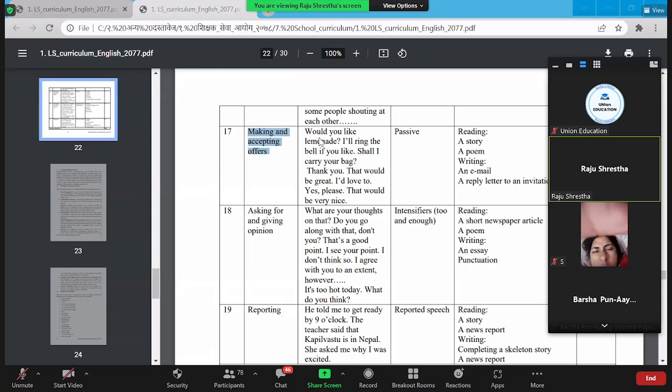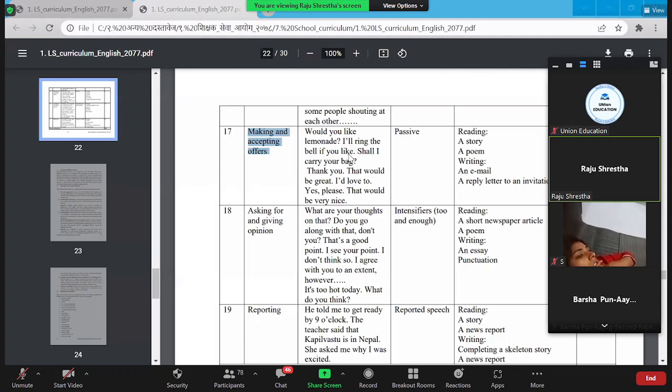So we have to first remember these structures. You need to understand: Would you like plus the object which we want to offer? Would you like the offer? What do you want to offer? This is one pattern. I will plus verb: if you like, I will bring, I will ring, I will do, I will prepare.